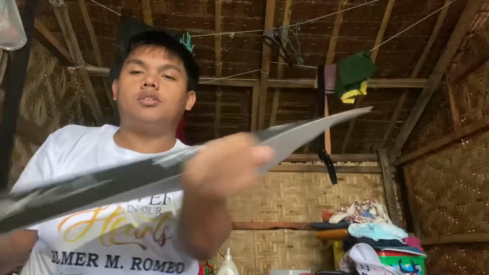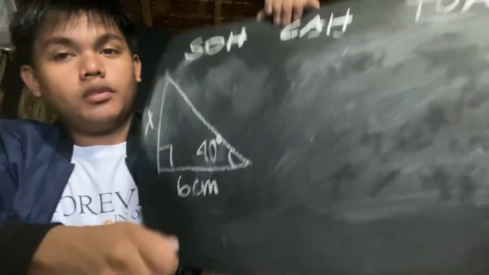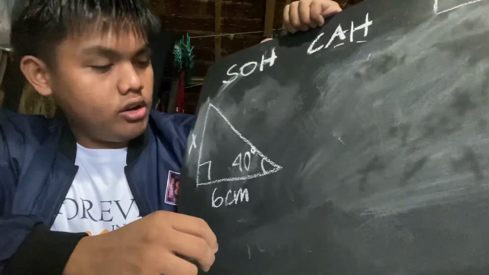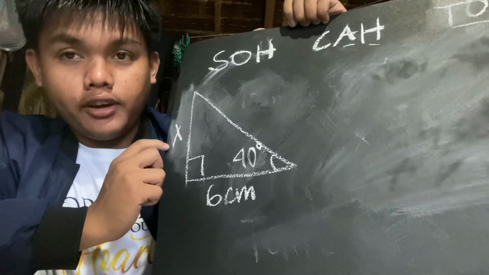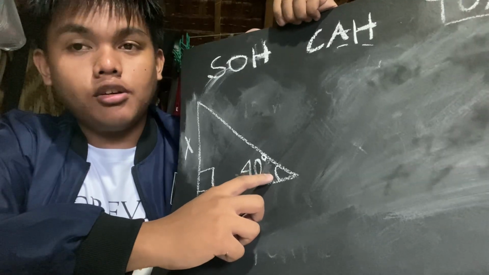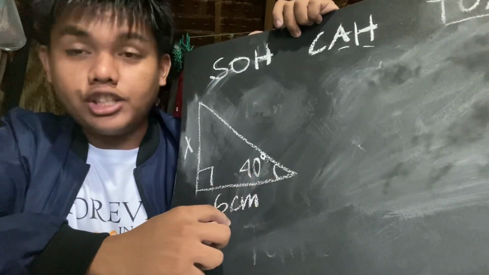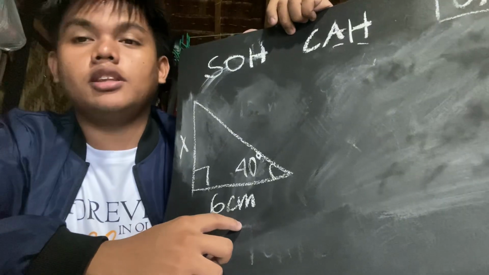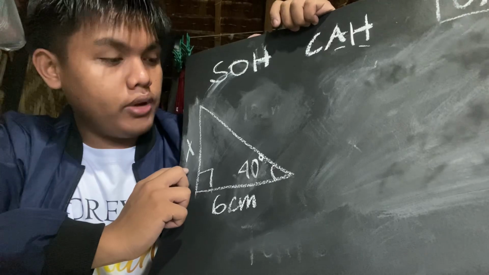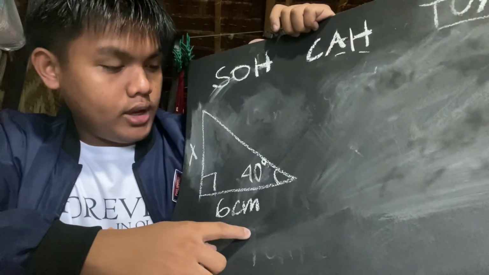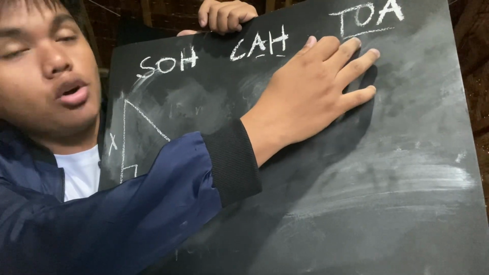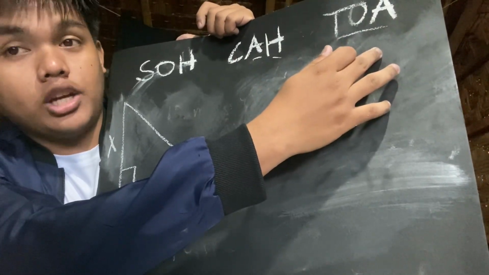So for example, we have a given right triangle here. We need to find the x value. The angle is 40, we have the adjacent given, which is 6 centimeters, and we need to find the opposite of the angle, so x. As you can see, we can use TOA, which is tangent equals opposite over adjacent.